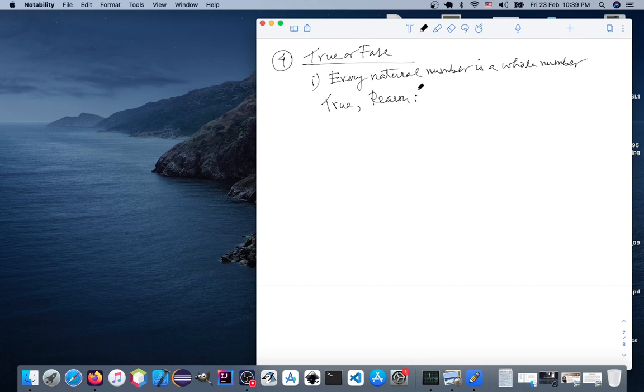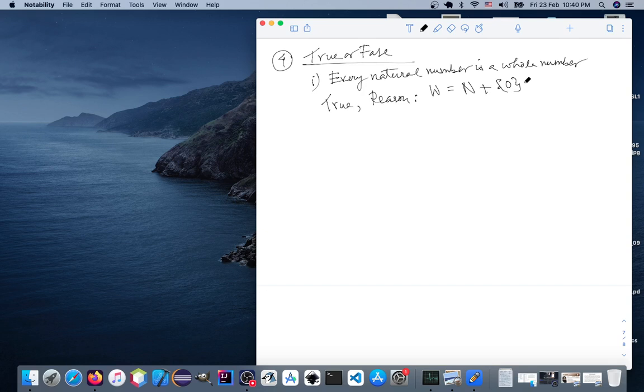What is the reason? The reason is that the set of whole numbers, denoted by W, equals the natural numbers plus 0. The curly brace denotes a set, and inside the curly braces we mention the elements separated by commas.